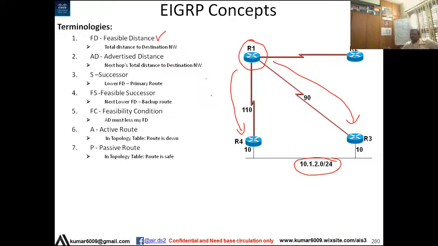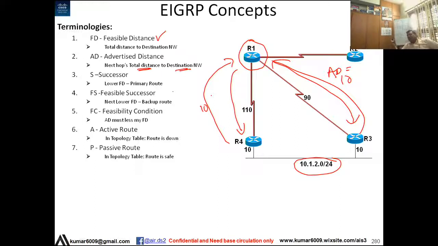Now, what is advertised distance? R3 is telling R1 about going to 10: from my location, how much? 10. From his location, how much? 10. He is advertising. See, I want to go to his home and then to the airport.